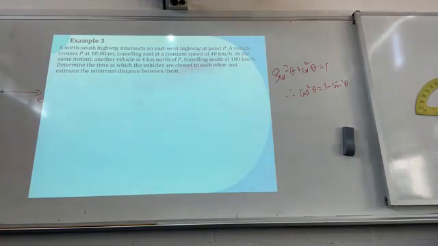Originally, this car was here. It's moving from here to here, and that one is moving down south. Vehicle one started from here and goes across there, and this vehicle moved down. So you need to think about how to find the distance here and how to find the distance here.